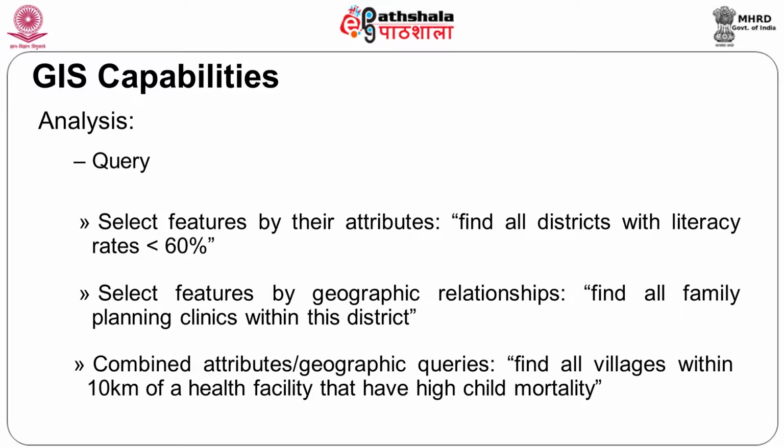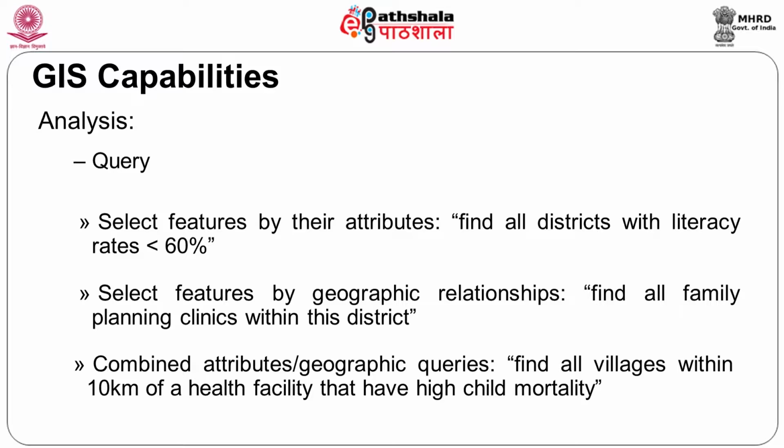Then you can also put them together. It is not that you have to do only a simple query, you can also go for a relational query. Try to use more than one table at a time. Find out those villages which have an area of 5 square kilometers and or which have a literacy rate of 50% and more. Something like that.